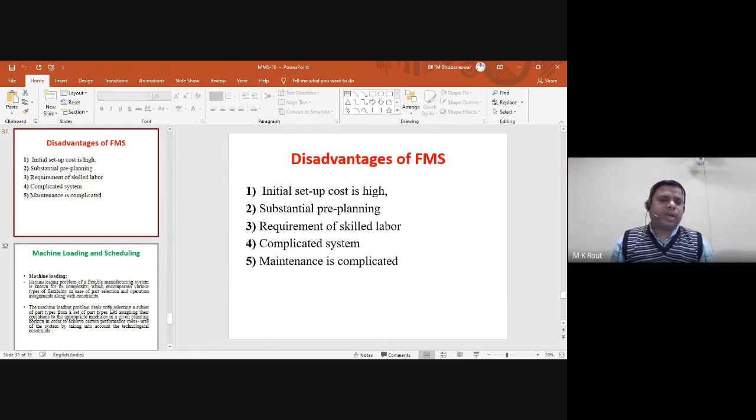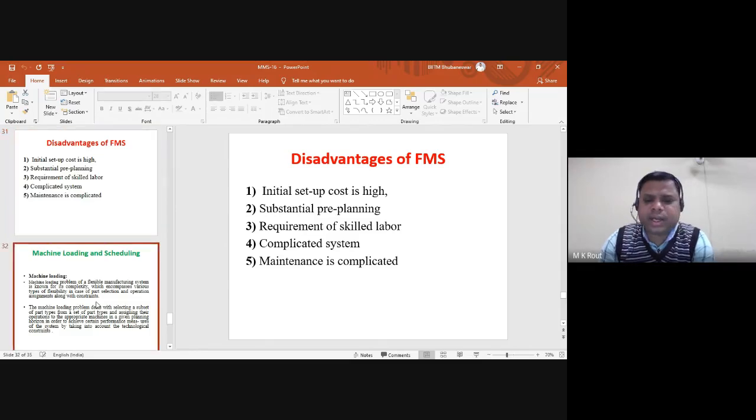It also contains different kinds of elevators and different kinds of conveyor belts, rollers, and wearing parts. If you employ a flexible manufacturing system, you have to assign highly skilled people for maintenance operations. These are the important drawbacks of flexible manufacturing system.